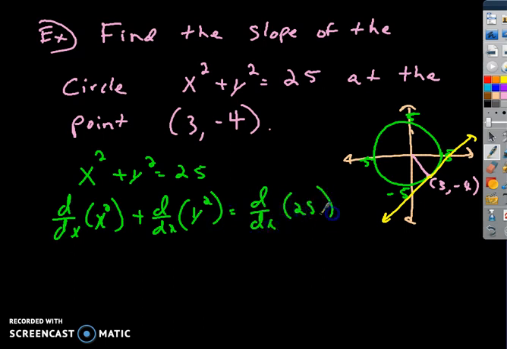So you have to take the derivative of all parts on both sides of the equation. The first term derivative should be just 2x. The second term derivative should be 2y times y prime. And the derivative of 25 should be 0. So from there, our goal is to isolate y prime. So let me subtract 2x from both sides.